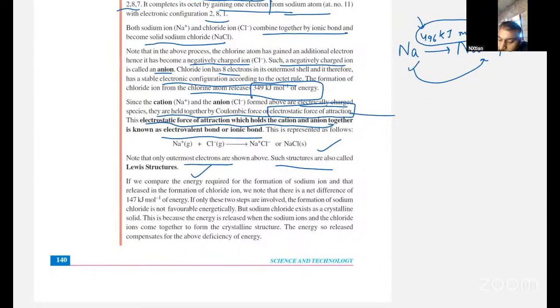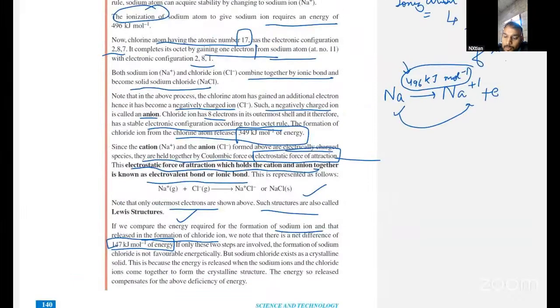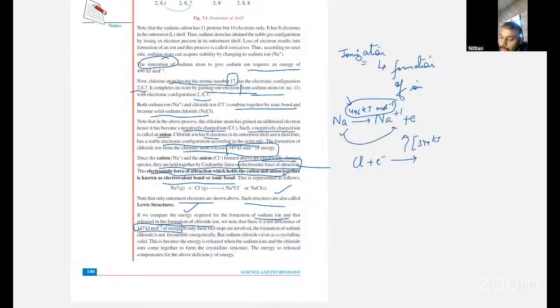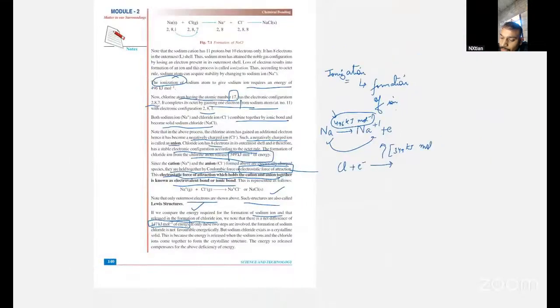If we compare the energy of formation of sodium ion with the energy released in the formation of chloride ion, we note that the net difference is 147 kilojoule per mole. Sodium needs 496 kilojoule per mole, and when chlorine gains the electron to become chlorine minus 1, it releases 349 kilojoule mole inverse.